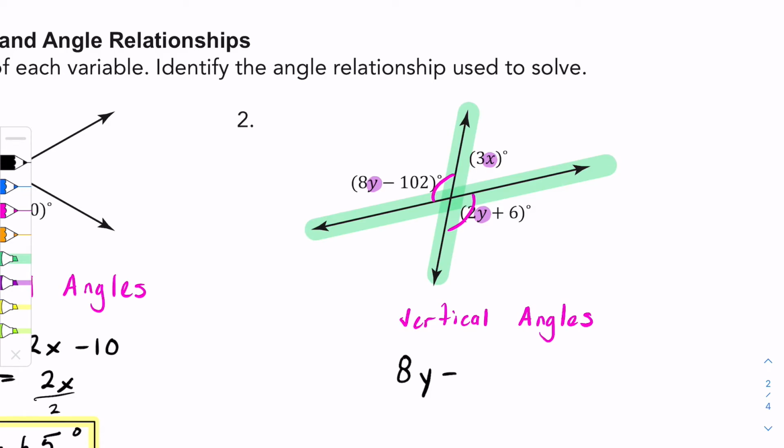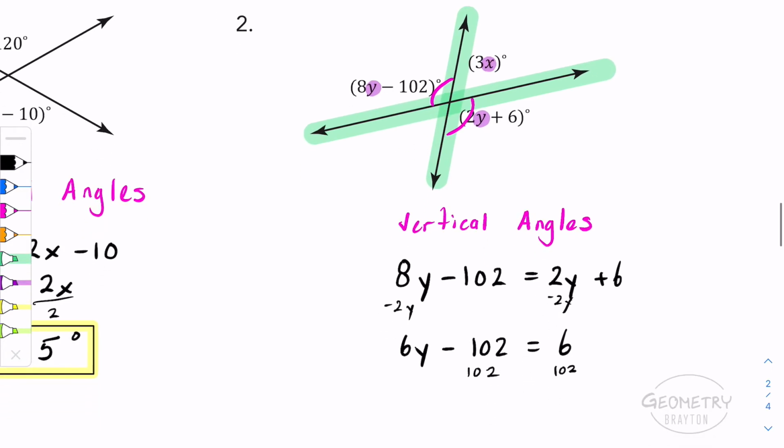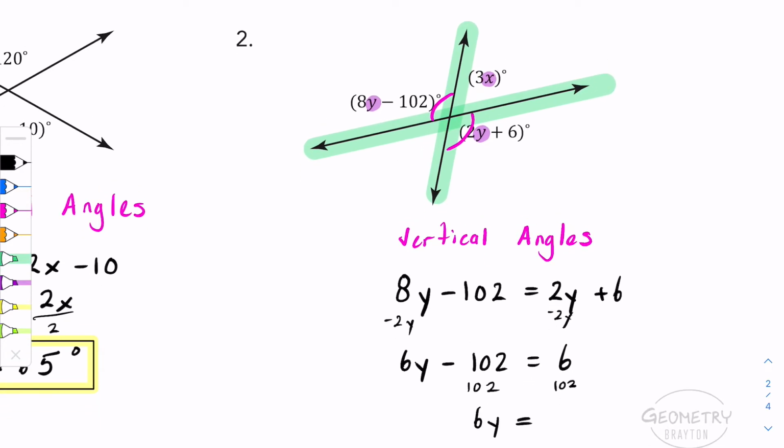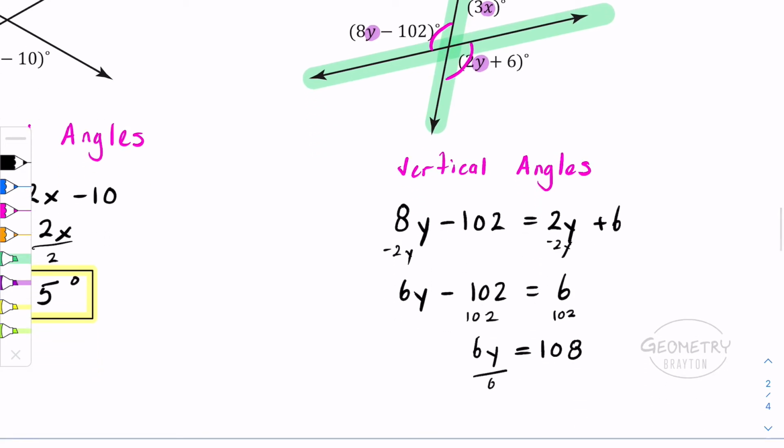So 8y minus 102 is equal to 2y plus 6. I'll subtract 2y from both sides. 6y minus 102 is equal to 6. Add 102 to both sides. 6y equals 108. And y is equal to 18.